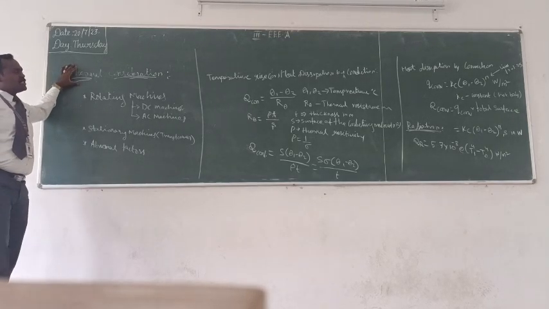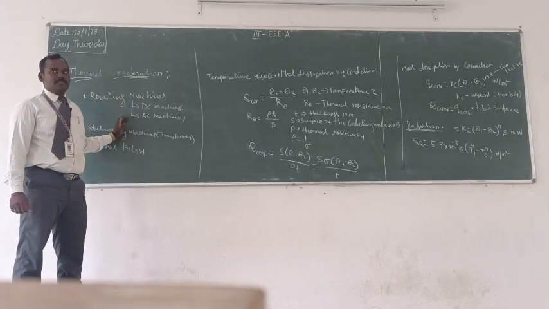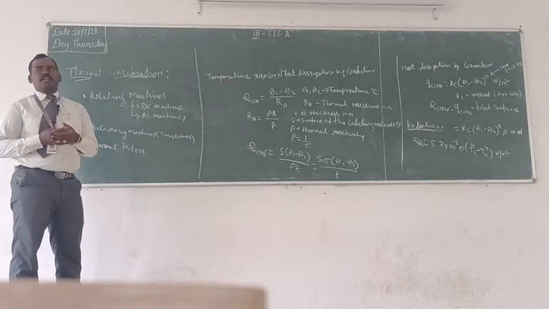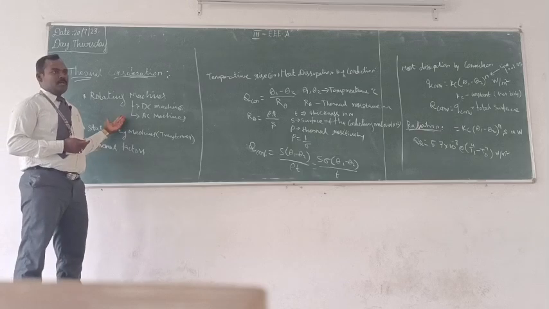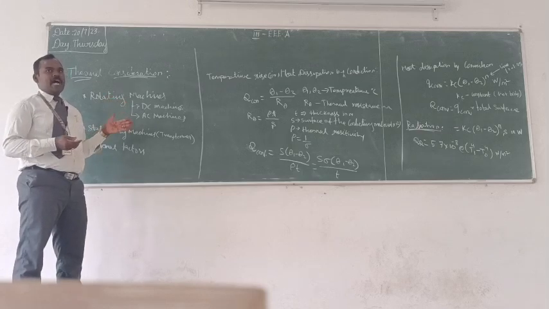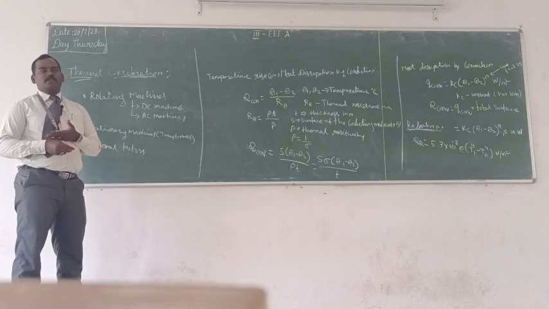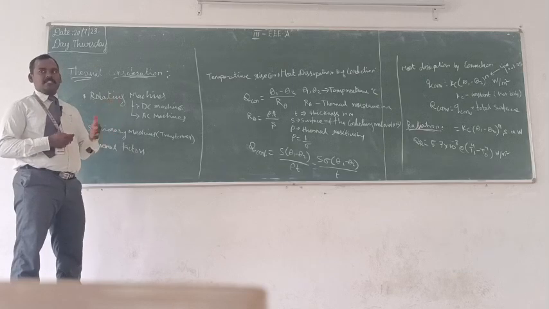So for the thermal consideration, normally we have the rotating machines and stationary machines. In the rotating machines, you can consider both motor as well as generator. In stationary machines like a transformer, you can consider any type of machine. The rotating machine has two windings, one is the stator part and another one is the rotor part. In the case of a transformer, it has two windings, one is the primary and another one is the secondary.